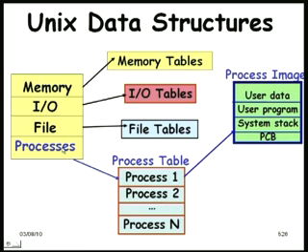For example, there will be various memory tables that need to be maintained: which memory page is being used, how frequently, all those things. IO tables: which IOs are being used, who is using them, etc. The file tables: which files are open, what is the current access block of the file, etc. For every process, process tables are maintained.